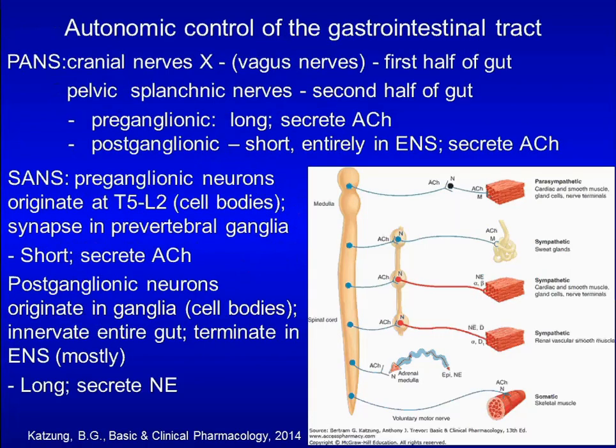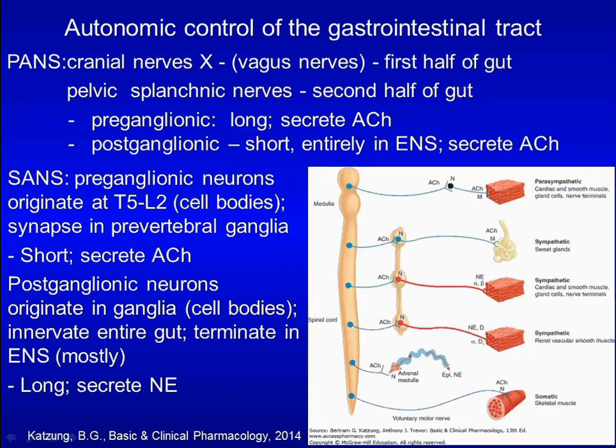Parasympathetic supply to the gut is divided into cranial and sacral divisions. The cranial parasympathetic nerve fibers are almost entirely in the vagus nerves. They control the first half of the gut. The sacral parasympathetics originate in the second, third, and fourth sacral segments of the spinal cord and pass through the pelvic splanchnic nerves to control the second half of the gut.